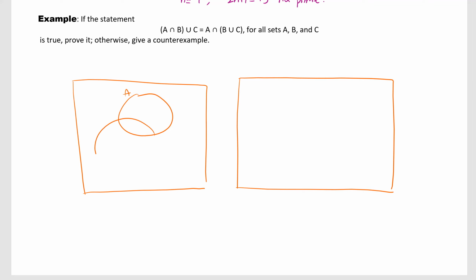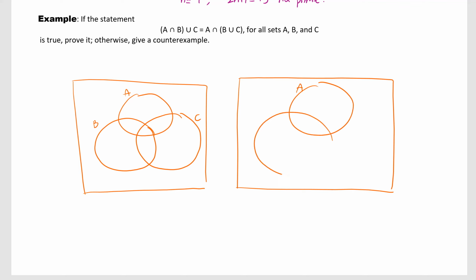So with three sets, we have A, B, and C. Left hand side: A ∩ B, union C, so the C is right here.